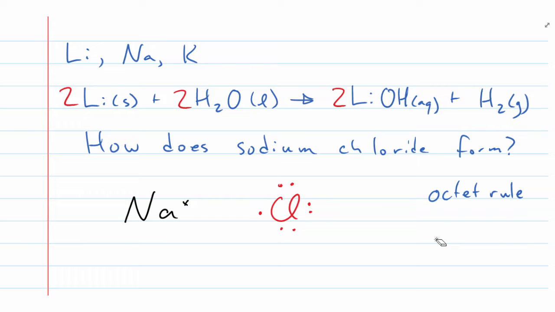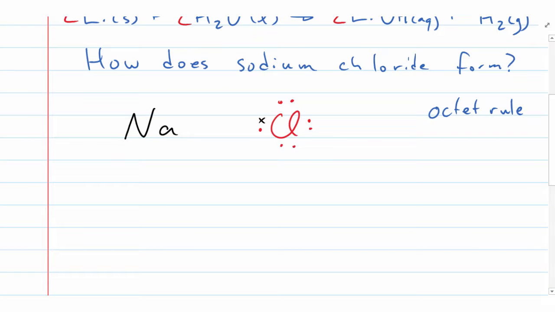And if it gains 1, it winds up with the noble gas argon. It won't turn into argon, but it winds up with the same electron structure as argon. So what happens then is sodium will transfer this 1 valence electron over to the chlorine. Sodium is happy now because it's given up that 1 valence electron. Chlorine is happy because it's gained that 1 valence electron.